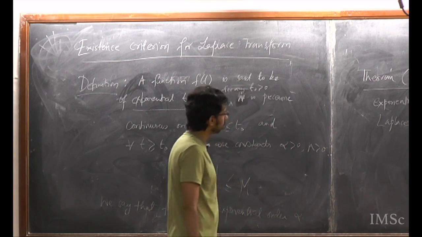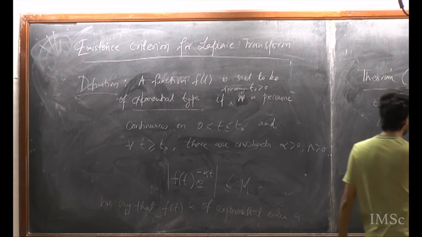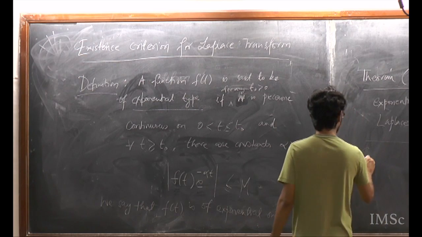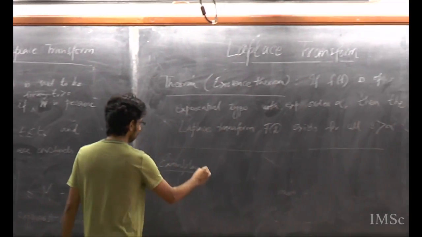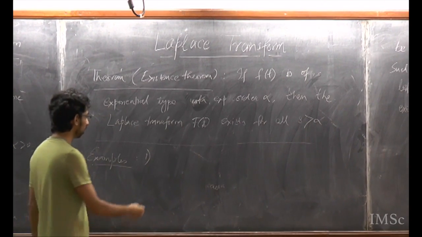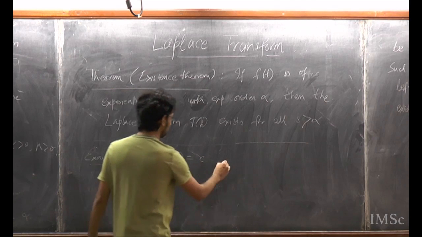So in our examples, what are the examples of functions of exponential order? In the examples that we computed, first one is constant.